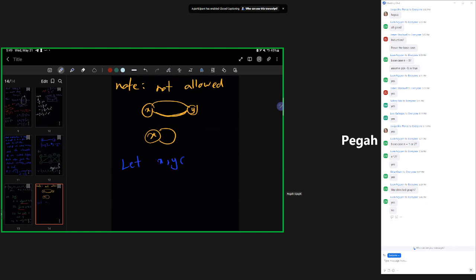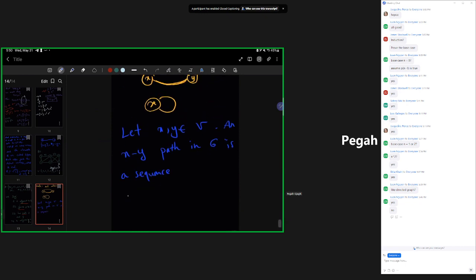Let X and Y be vertices. And what we say is X to Y is a path in G. A path in G is a sequence. So what does that mean? It means it starts with X and then goes through a sequence of vertices.